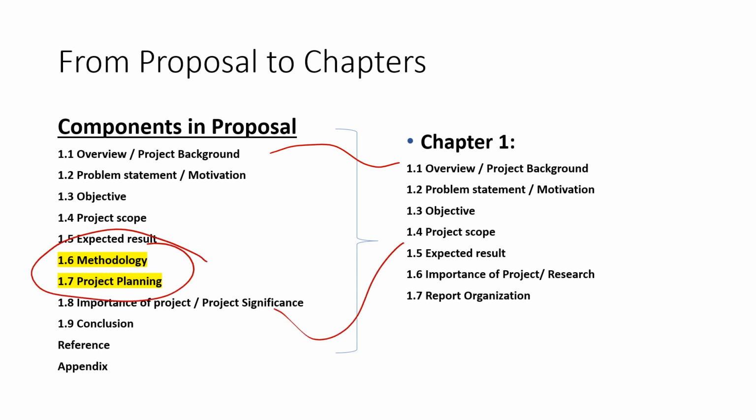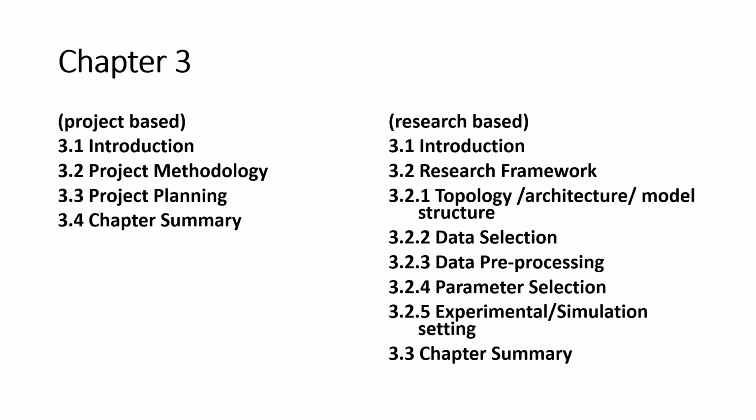Exclude this part, which will be in your chapter 3, methodology. For project-based, your methodology will be: introduction, the project methodology you select, explaining the phases, 3 or 4 phases, with your own activity for that project. Then provide the project planning Gantt chart and end with the chapter summary.